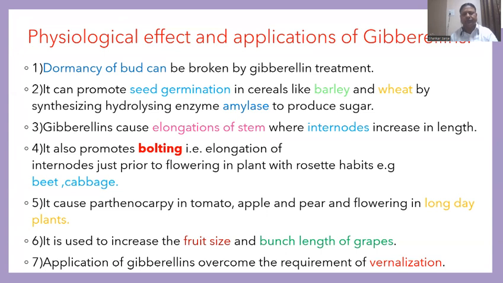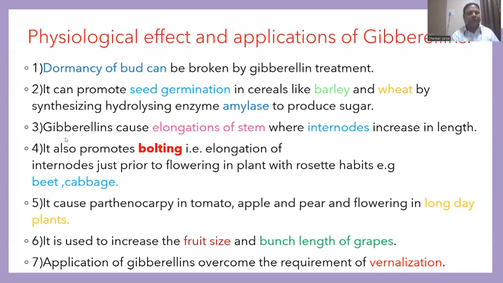Endosperm is a nutritive tissue. In the monocot plant, that endosperm contains food in the form of carbohydrate, and that is converted into simple sugars by the hydrolyzing enzyme amylase, and made available to the embryo, and the embryo wakes up and forms plumule and radicle, and immediate germination takes place by the gibberellin.